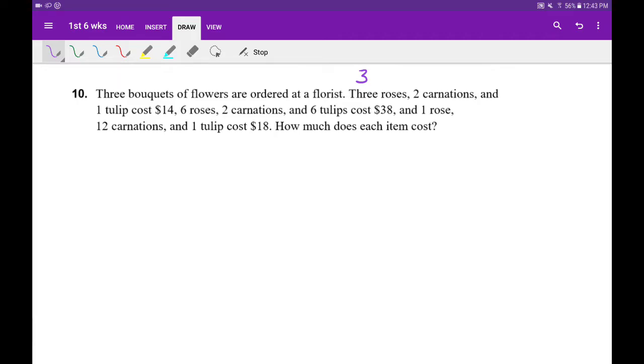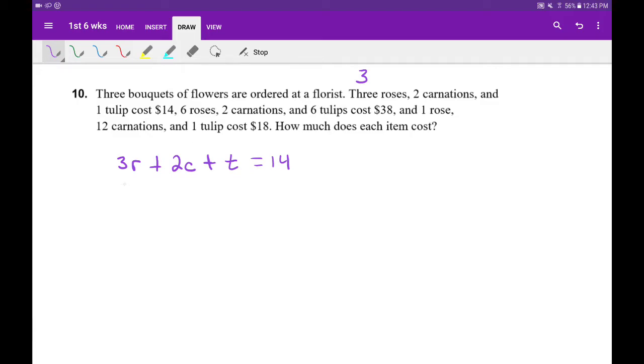So we have 3 roses. So 3 times the price of roses, plus 2 times C, price of carnations, plus 1 tulip. So I'm going to put this weird looking crooked T, equals $14. All right.